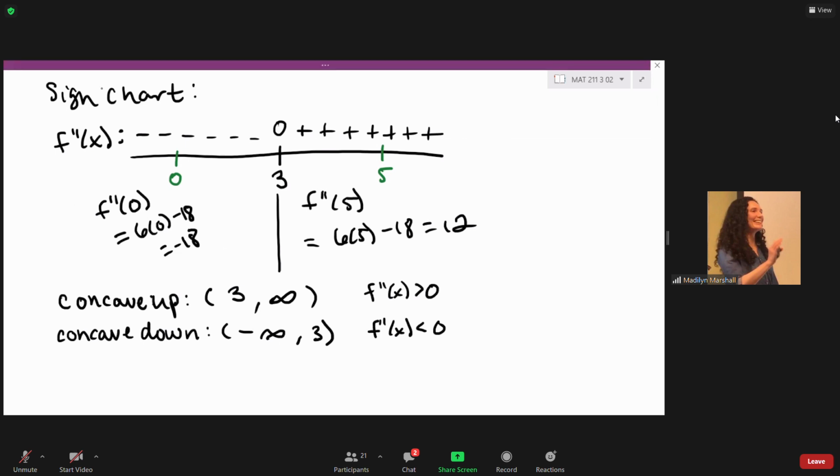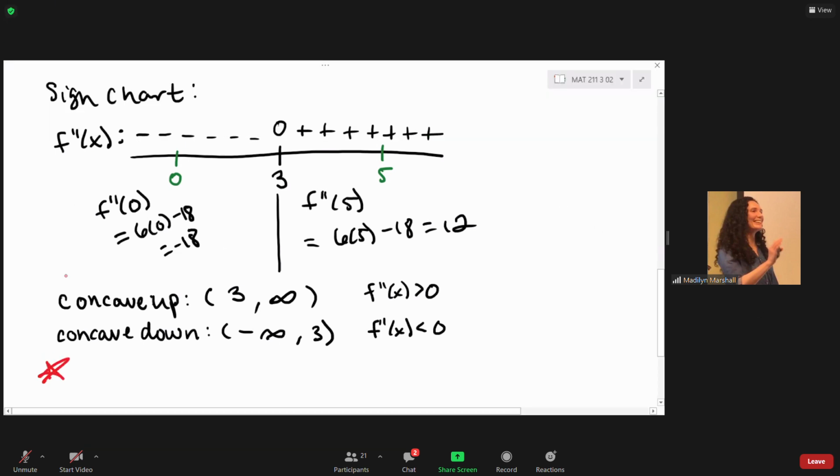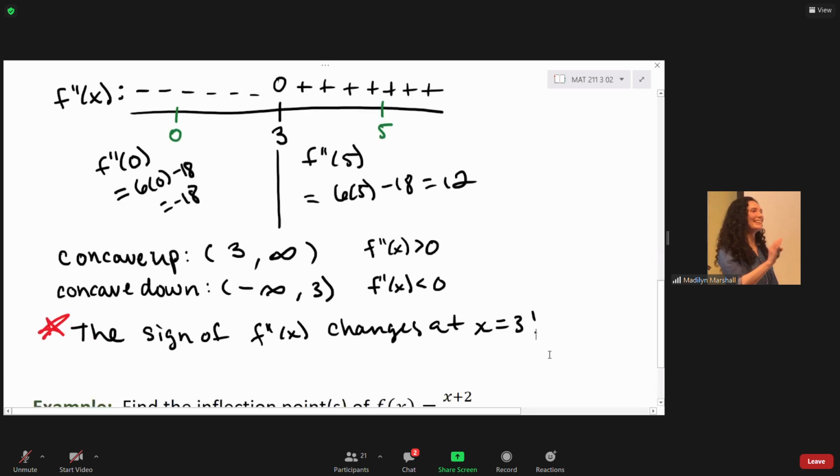So what we need to note here is the sign of f double prime changes at x equals 3, which means the concavity of f changes at 3.